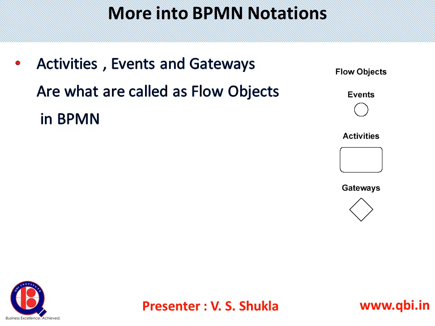Up till now, we have learned about activities, events, and gateways in a BPMN model. Activities are shown by rounded rectangles, events by a circle, and a gateway by a diamond. Activities, events, and gateways are what are called flow objects in BPMN.